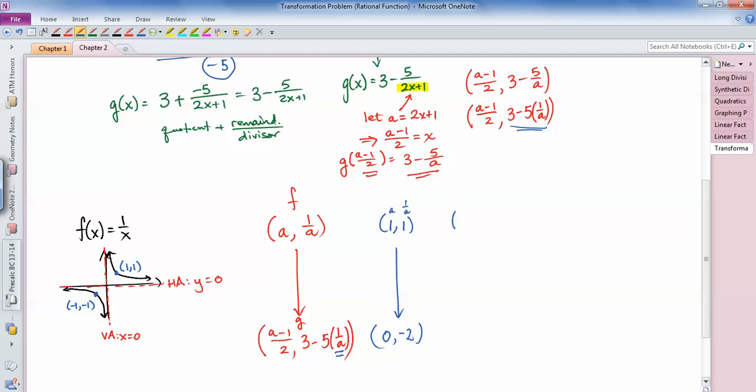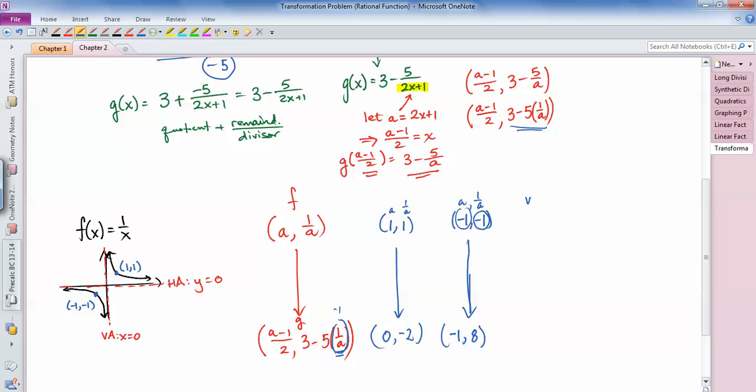Then the other point is -1, -1. So it's a, 1 over a, and I'm supposed to turn a into a minus 1 over 2. If I do that, I get -2 over 2, so -1. And if I plug in -1 for 1 over a right here, I get 3 plus 5, so 8. So now I've got 2 points on there.